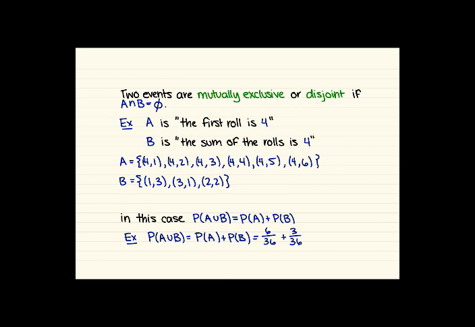This is specifically for mutually exclusive events. If they're not mutually exclusive, so they have some outcome in common, then you'll end up double counting that outcome, and your probability will be higher than it should be. So make sure you're only using this for mutually exclusive events.